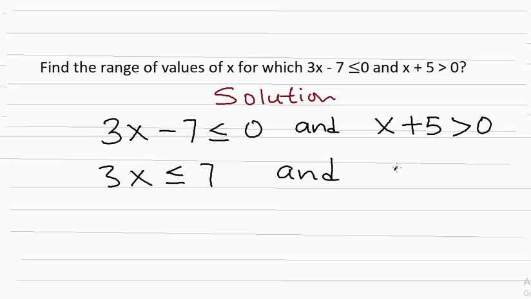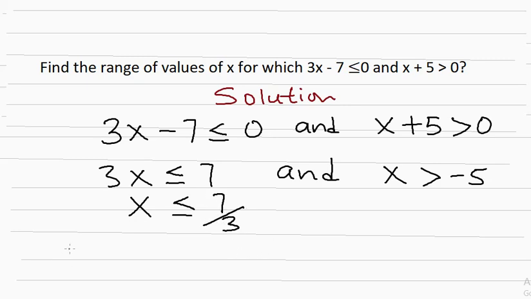And here I have that x is greater than minus 5. So from this point, x will definitely be less than or equal to 7 over 3.